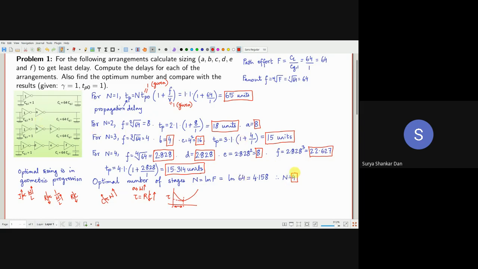Actually over here we have put 4. Theoretically, it comes up to 4.158. So if we are using exactly 4.158 stages, we are supposed to get even lower than this. But you can't do it because it is a number of stages. It cannot be a fraction, right? So that's why we have put n equal to 4. But if you notice, here it is 15 units, and this is 15.314. So roughly they are kind of the same only.